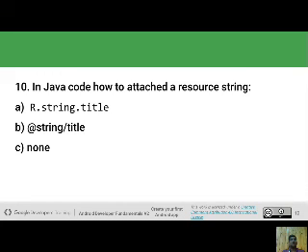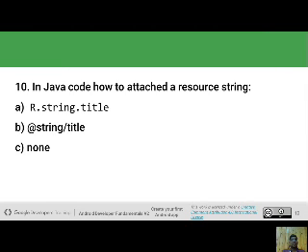In Java code, how do you attach a resource string? It means that when you use Java code and you want to add a string from the resources file, which code do you use? There are three options.